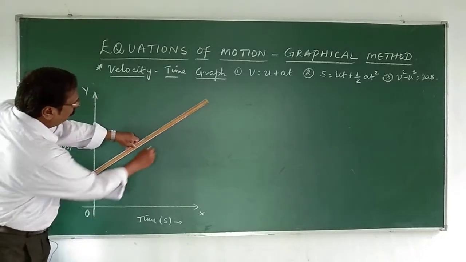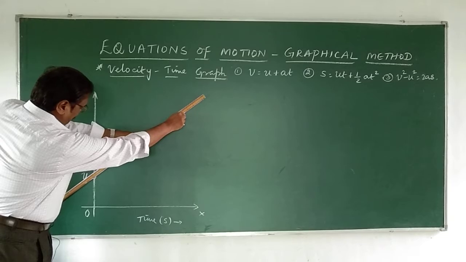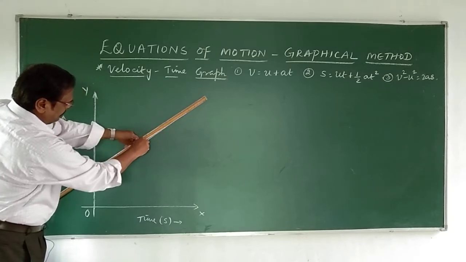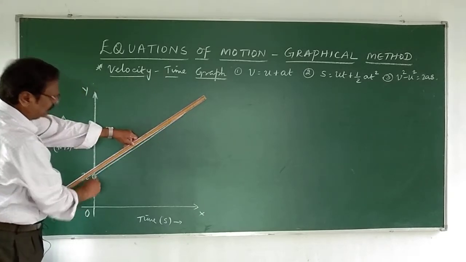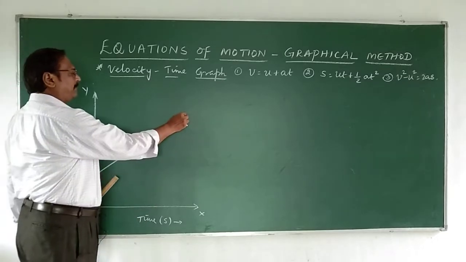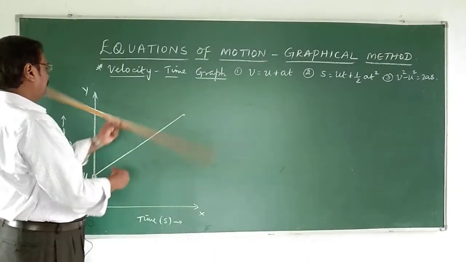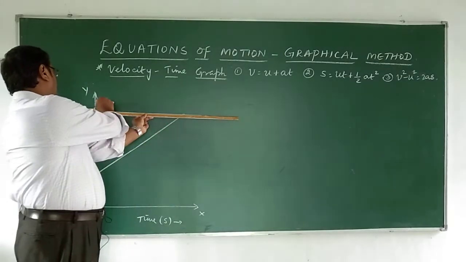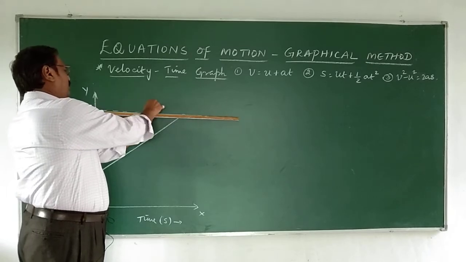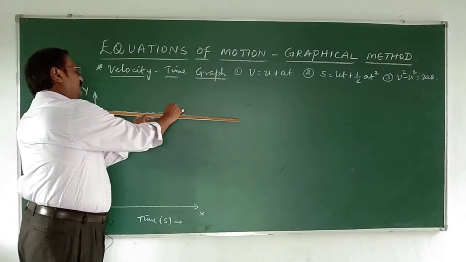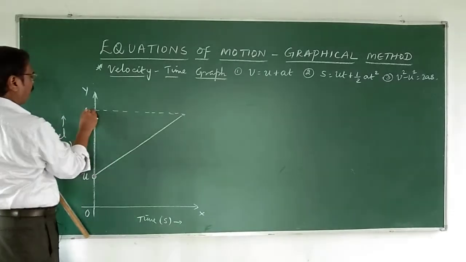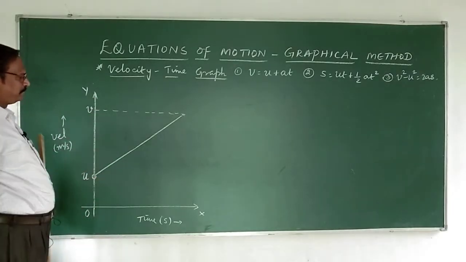So the graph will be a sloped straight line like this. The maximum value here is the final velocity v, so let me draw a dotted line to show it.